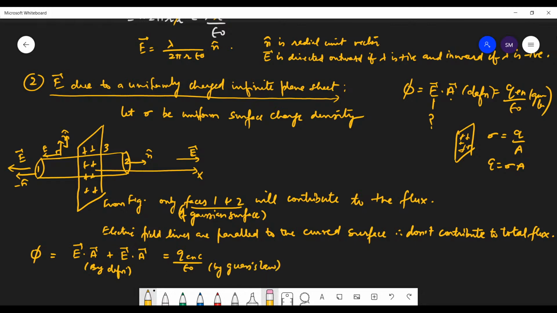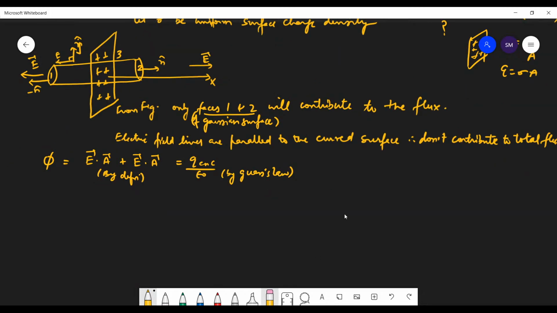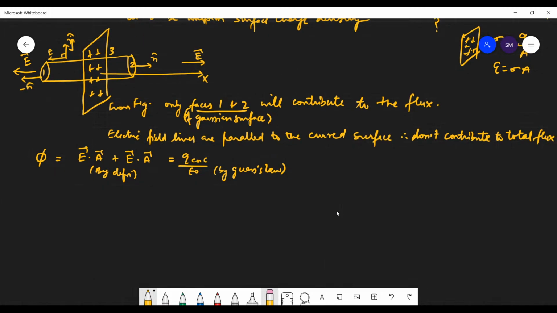So in the last application also we did the same thing. There was flux through the curved surface, and here the flux is through both the ends. That is the difference. Now the angle between E and A is 0, so cos 0 is 1, so EA plus EA will be 2EA, and that equals the charge enclosed.